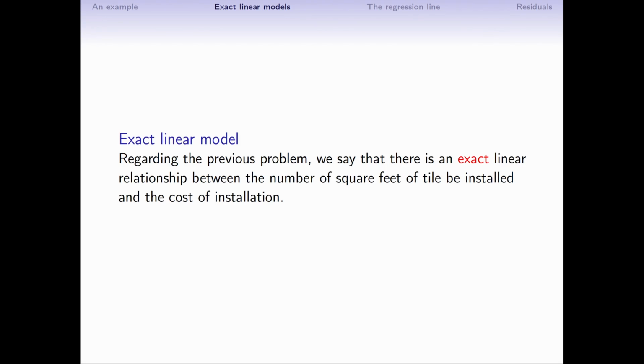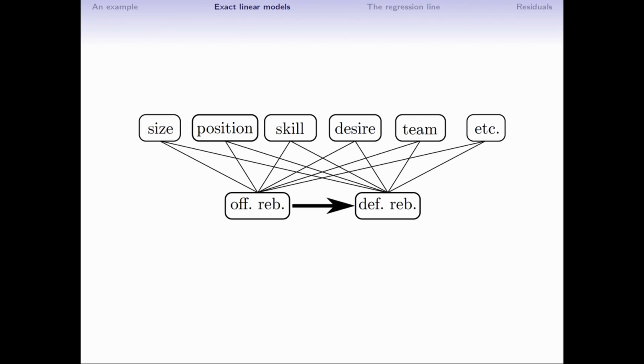Now, let's go back to our problem that we started with, just to show you how difficult this is. We're trying to use the number of offensive rebounds that a player's had to predict their number of defensive rebounds. Think about how hard this is. Think about why this relationship is probably far from exact.